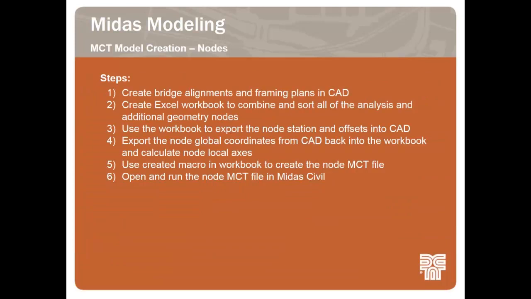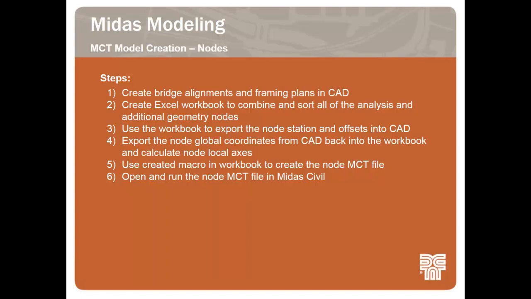So the steps to define the nodes in Midas, first was to create the bridge alignment and framing plans in CAD. We use both AutoCAD and MicroStation. Then it would be to create the Excel workbook to combine and sort all of the analysis and additional geometry nodes needed for the load rating.